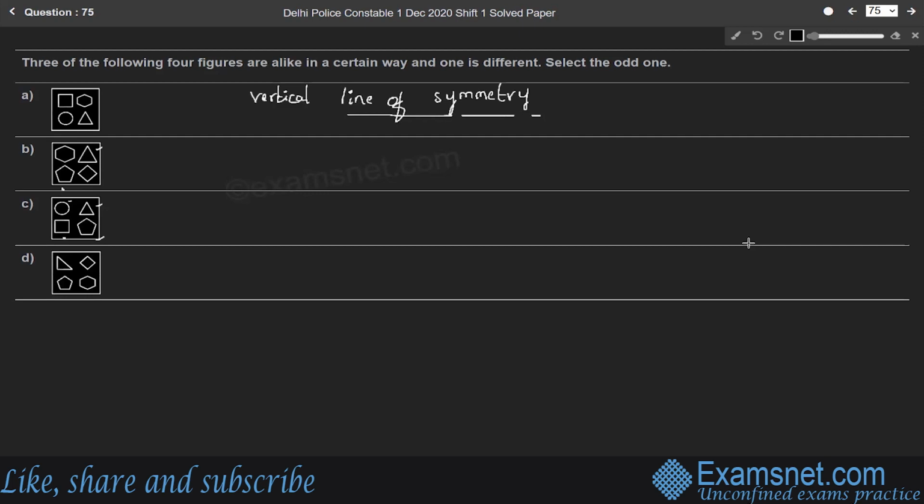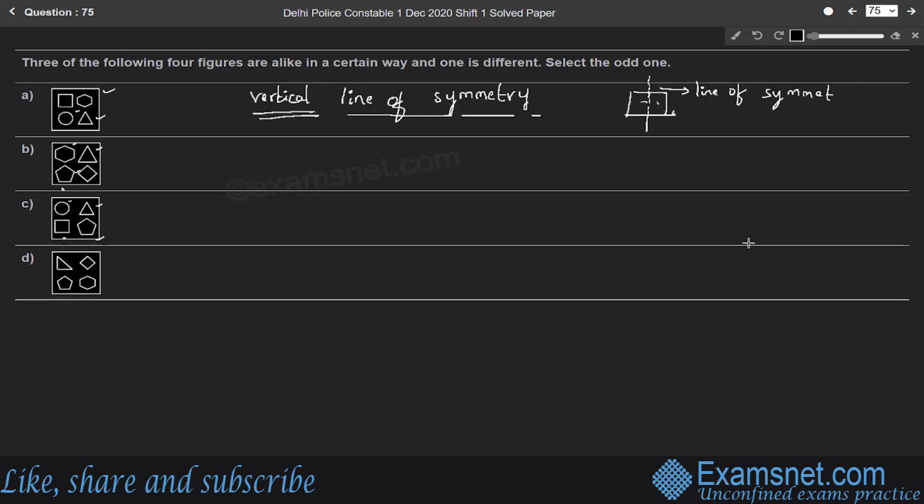Say for example, a square. In the case of a square, the line which passes through the center portion of the square divides the square into two equal parts. So this line is called the line of symmetry. If it is vertical, it is called a vertical line of symmetry. Right? Therefore, all these figures, hexagon, circle, and triangle, here also hexagon, pentagon, all these shapes have lines of symmetry, vertical lines of symmetry particularly.